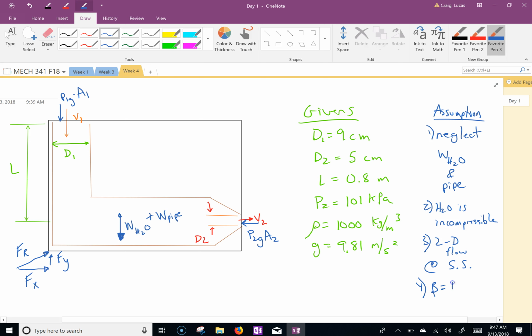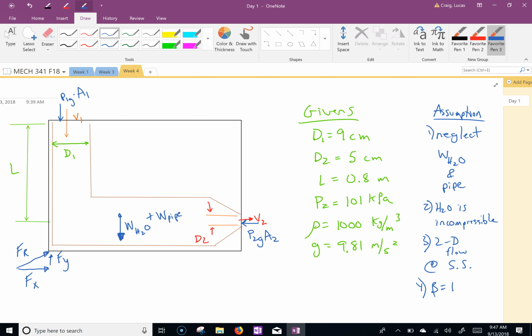Beta equals 1, meaning that V1 and V2 are uniform at the inlet and outlet. When you do the ANSYS, you'll see that typically a lot of the pipe flows, betas are not 1. The velocity at the outlet or inlet aren't usually going to be the same all the time. Okay?